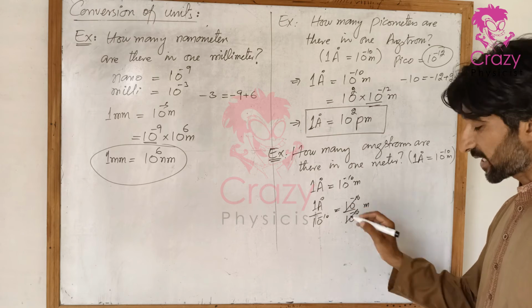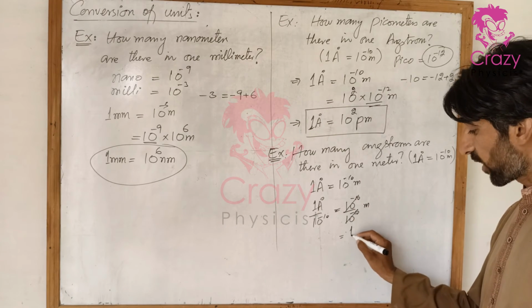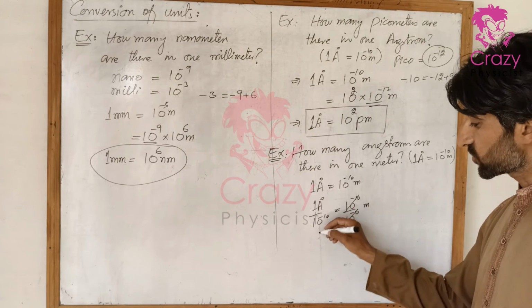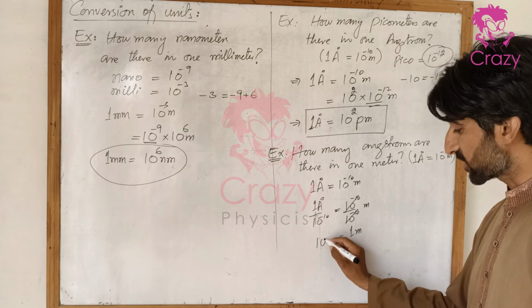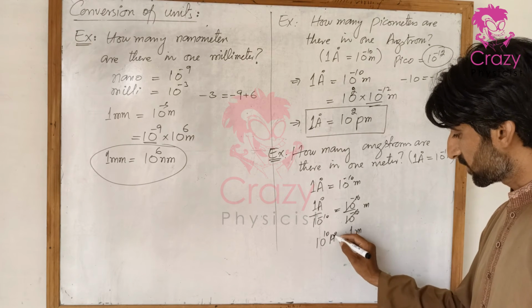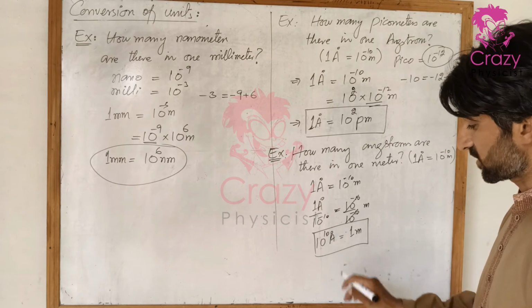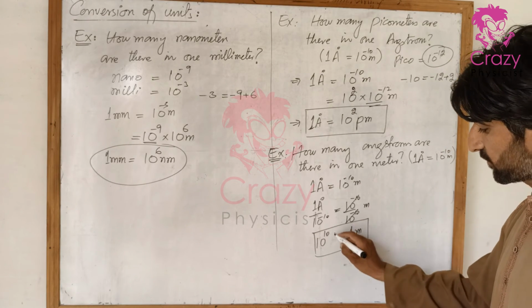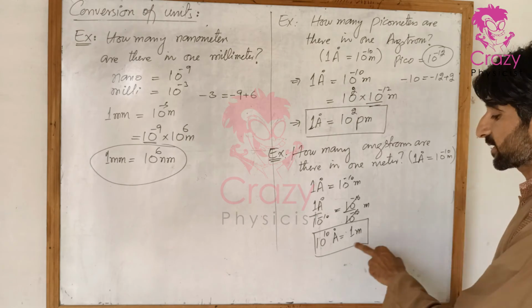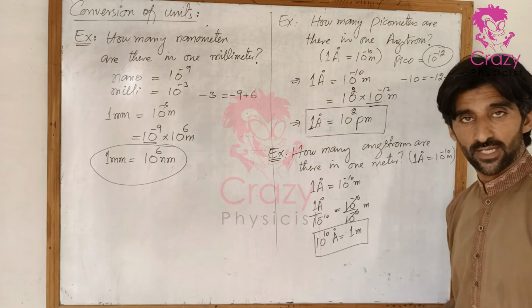These cancel out, so we will have 1 meter, and this will be positive, equal to 10 raised to the power 10 angstrom. Now you can see how easy this was: you are writing 1 meter in terms of angstrom.